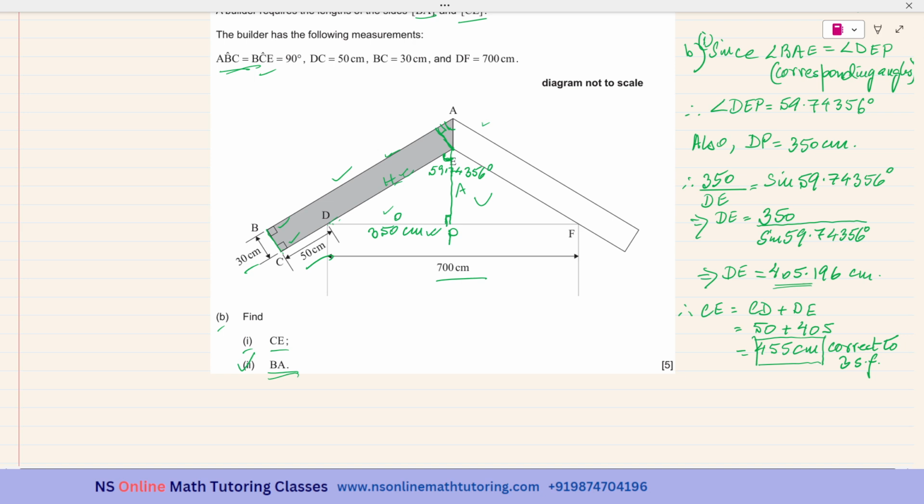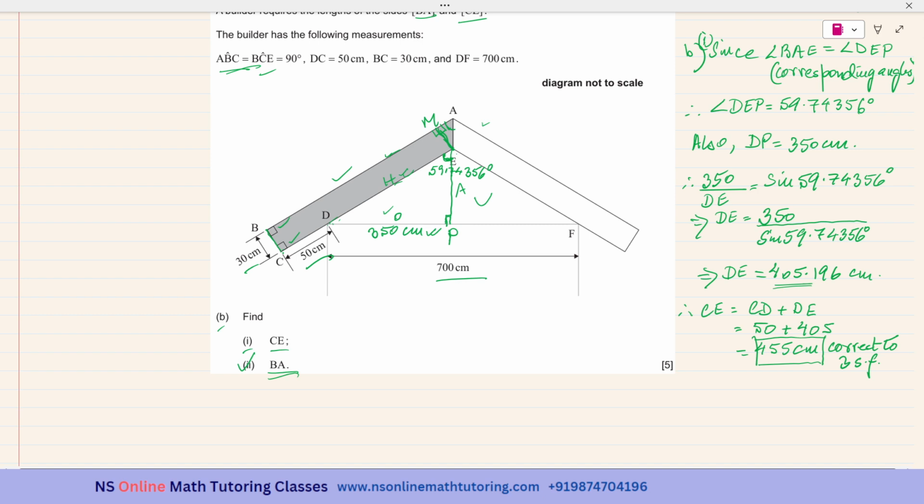Maybe this is say M. So BCEM will be a rectangle because these two are parallel, BC and ME, and BM and CE, they are also parallel, and the angles are 90 degrees, each of them.